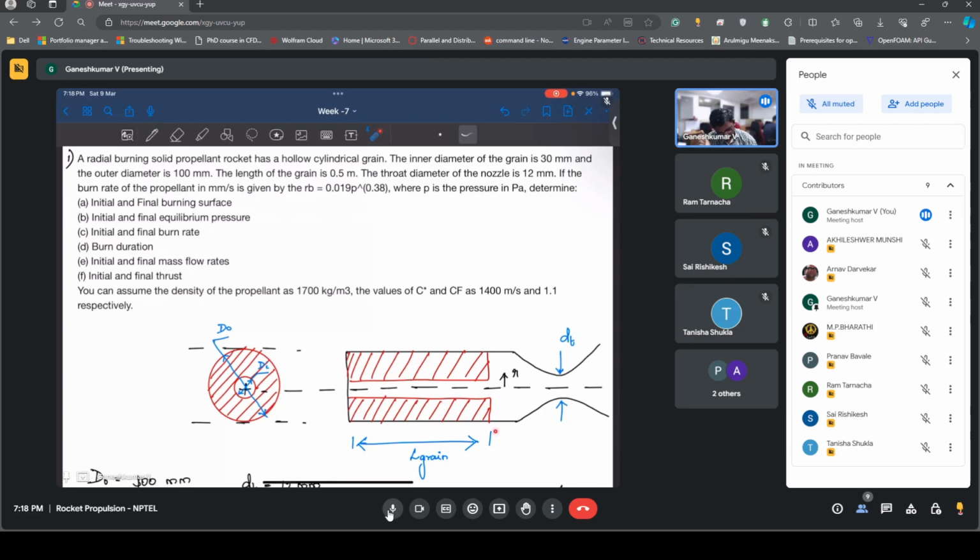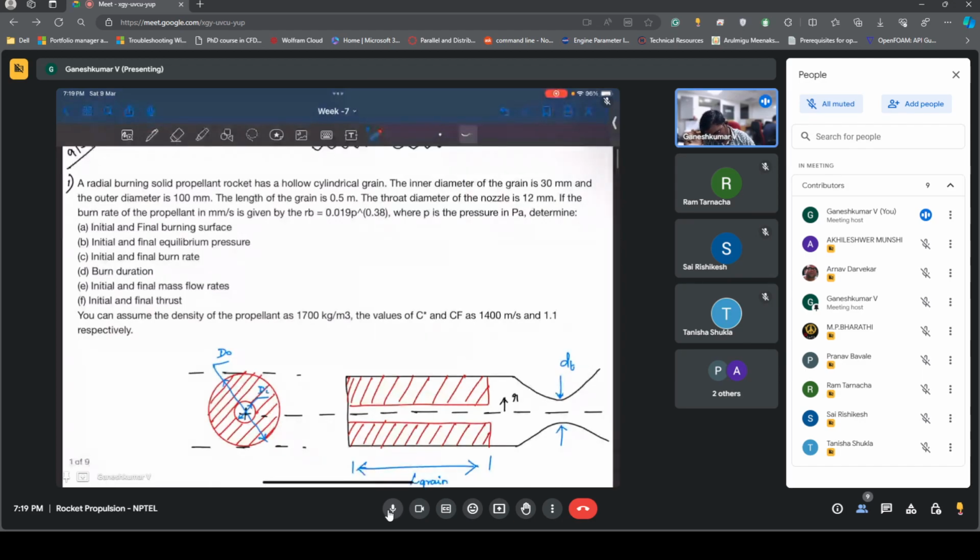So here also the same thing happens. There is no liquid entering. You just ignite it at any point in the system, and then the surface starts burning and generating gases.